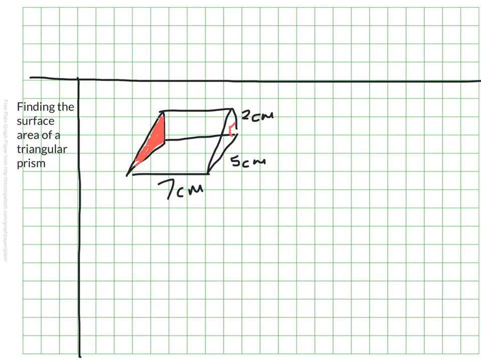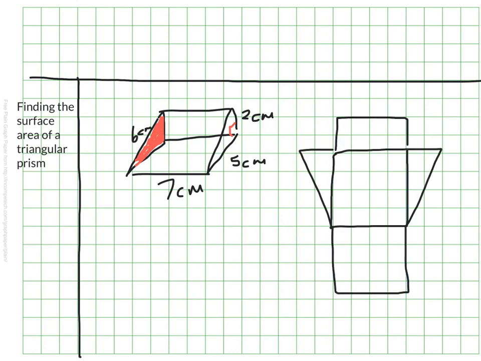And of course, the same principles apply even if this is not a rectangular prism. So we have here a triangular prism that we can look at. And I showed it here in the 3D model, but then I'm going to try to show how it matches up if I open it up as a net. And so you can kind of see that this rectangle down here is a 7 by 5, which is right here.